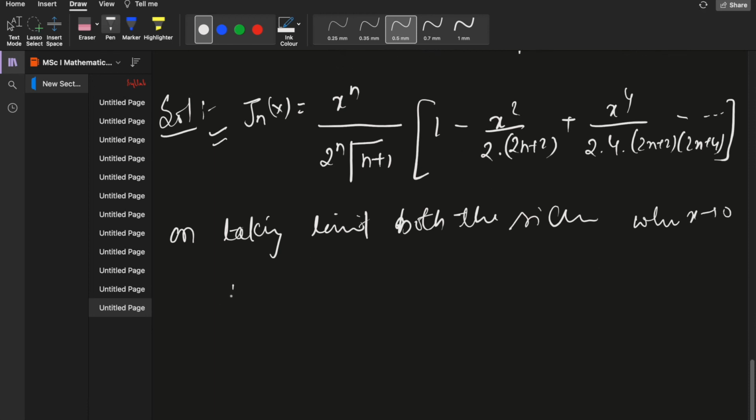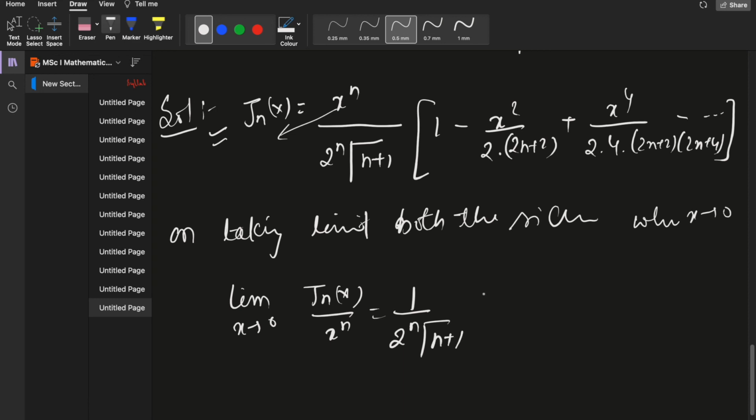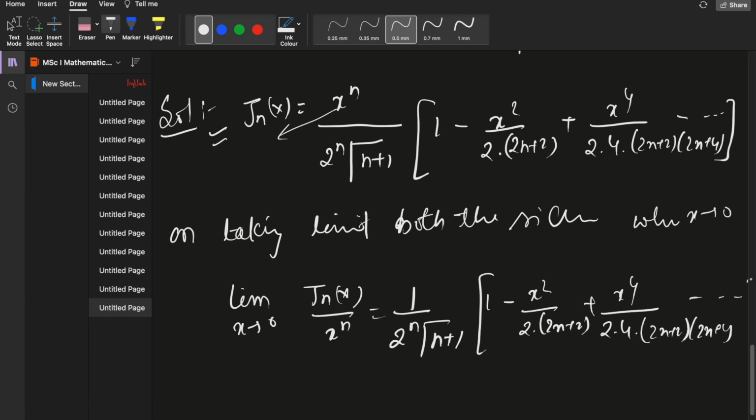Alright, so limit x tends to 0, and I just multiply x into this denominator, so this will give me Jn(x) on x to the power n equals 1 upon 2 to the power n gamma function n plus 1, bracket 1 minus x square upon 2 (2n plus 2) plus x to the power 4 upon 2 dot 4 (2n plus 2)(2n plus 4) minus so on.